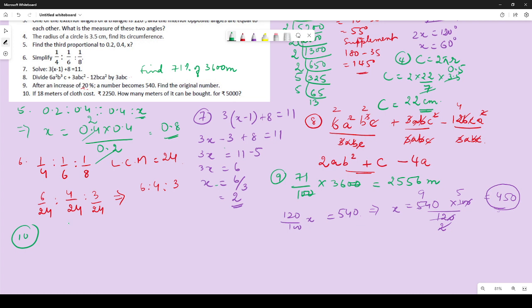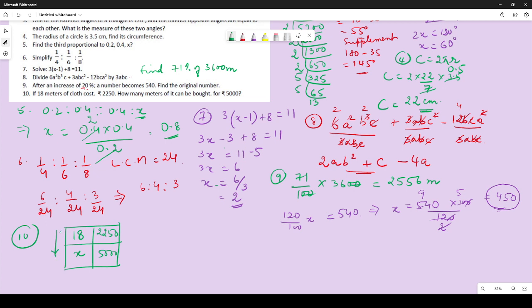If 18 meters of cloth cost 2250, now you remember I taught you the arrow method as well. Then for 5,000 how much cloth can be bought, right?